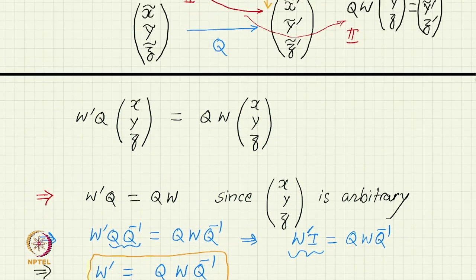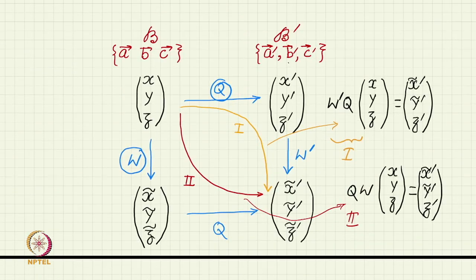Physically also you can see this. You wanted W prime in the new basis, but you know the transformation only in the old basis, W. So, what you first do is transform your vector x prime, y prime, z prime back into the old basis.